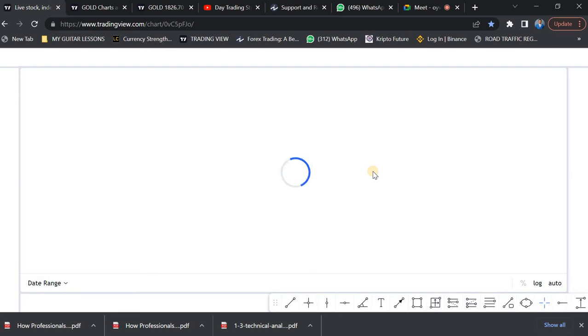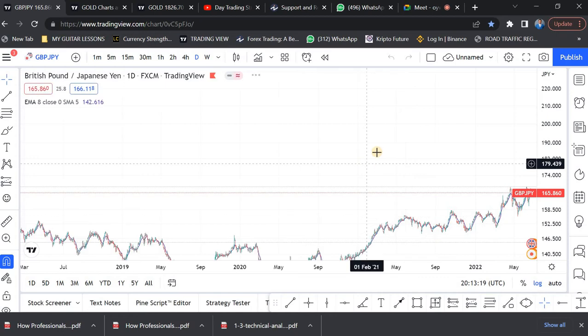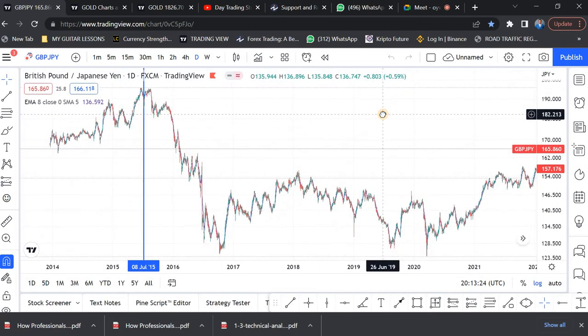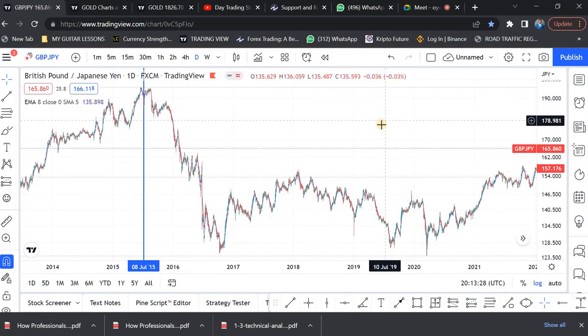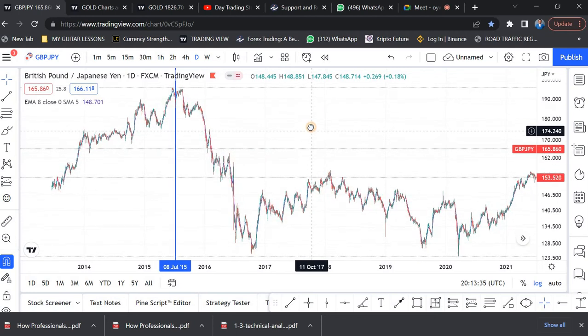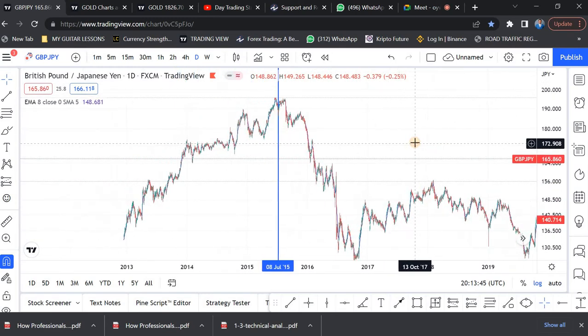What I'm opening currently is the price chart for GBP JPY, that is Great British Pound and Japanese Yen. These support and resistance are certain areas on the chart where they act as barriers to prevent the price of an asset from pushing into a particular direction.